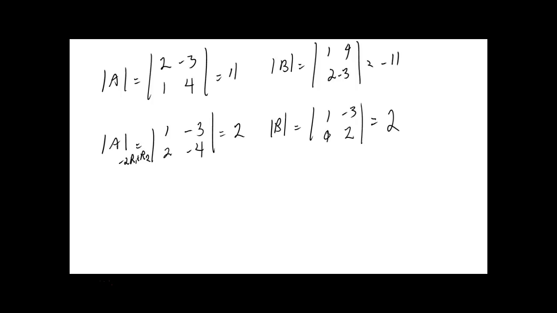So its determinant is the product of its main diagonal. 2, right? So when you do only that elementary row operation, as many times as you want, it doesn't change your determinant.